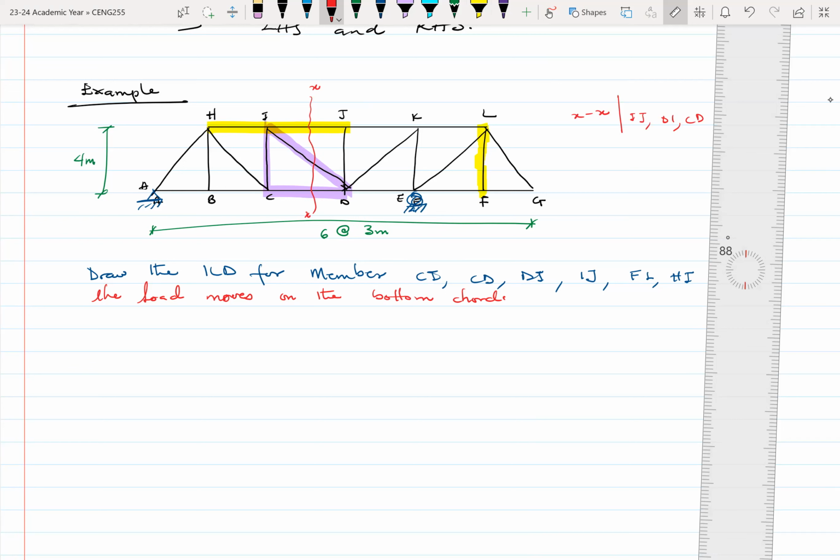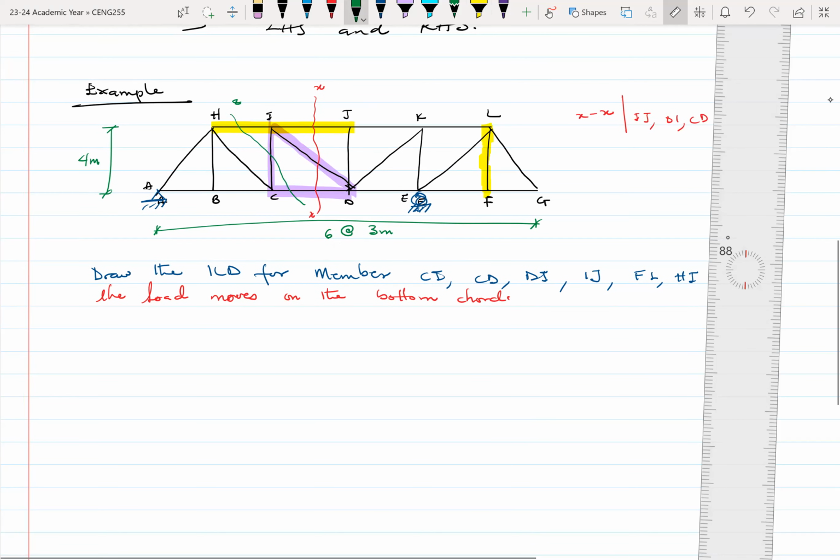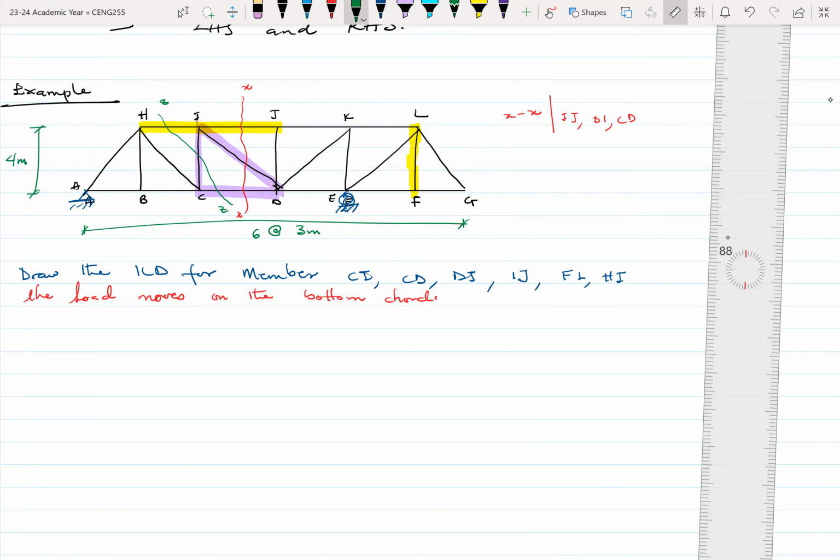One other way we can also cut this is to cut it through something like this. So I can call this ZZ. So if we cut through ZZ, we'll have HI, we'll have CI, then we also have CD.